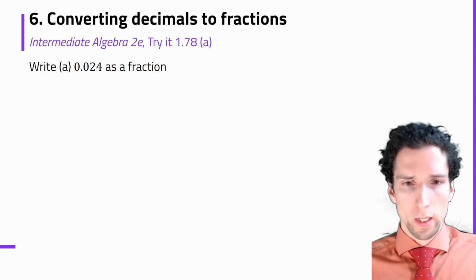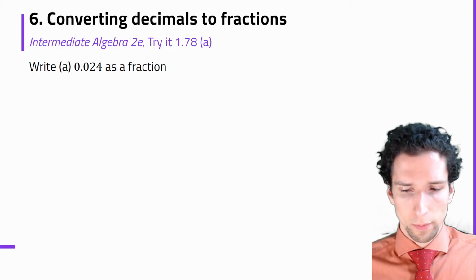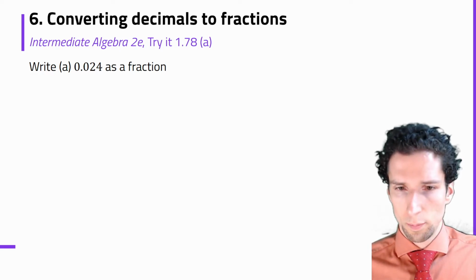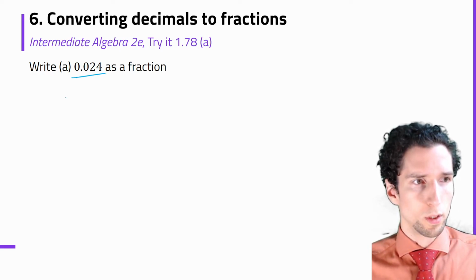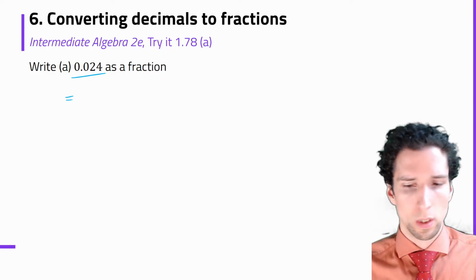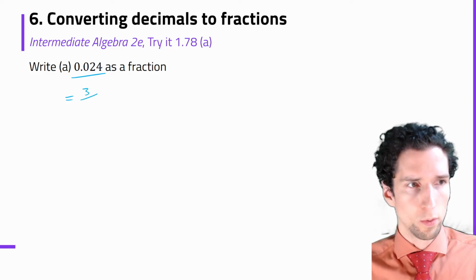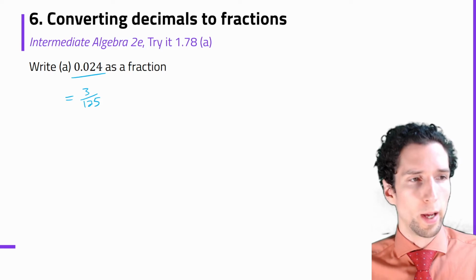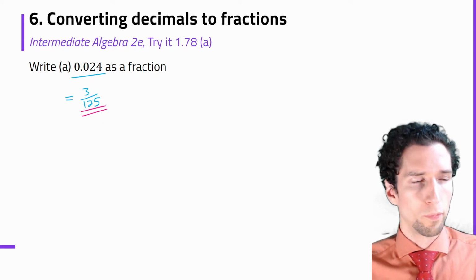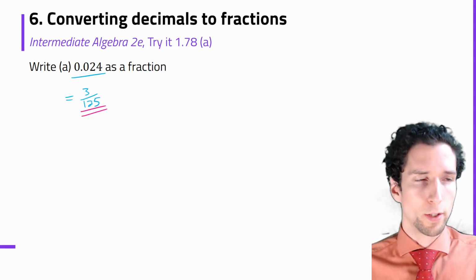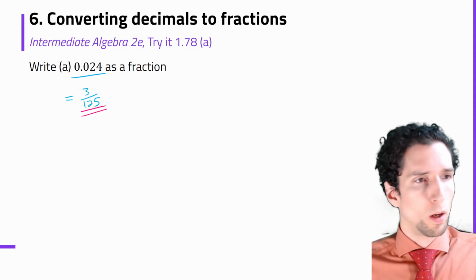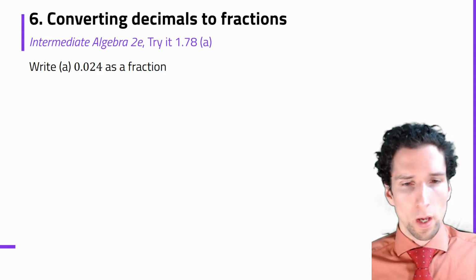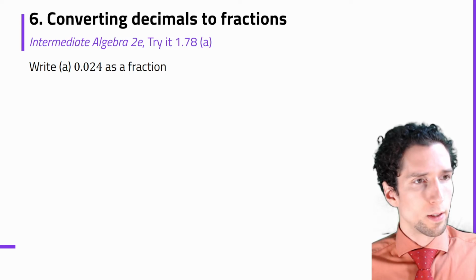Okay, this one, if we simplify as much as possible, will turn into 3 over 125. So hopefully you were able to reduce it that much.